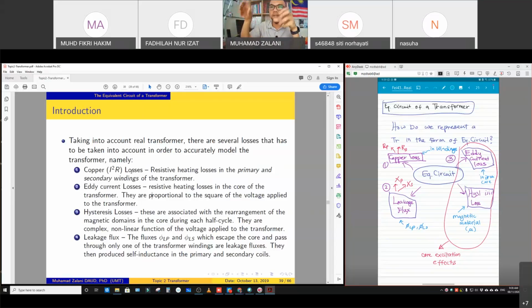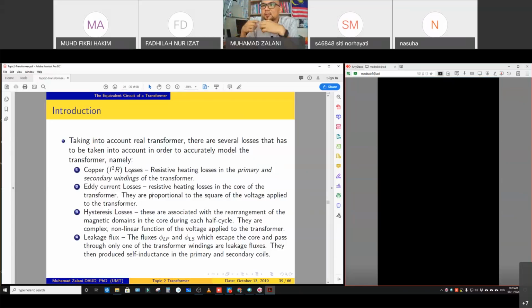That sort of material will induce eddy current when we do the electromagnetic induction inside the ferromagnetic core. What happens is there will be circulating current that causes the eddy current loss.